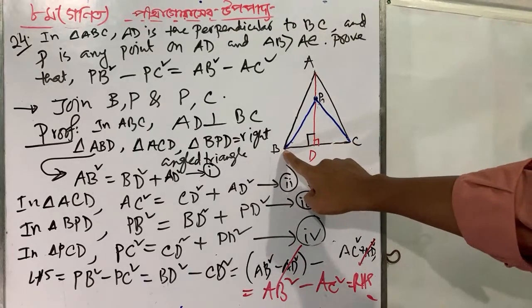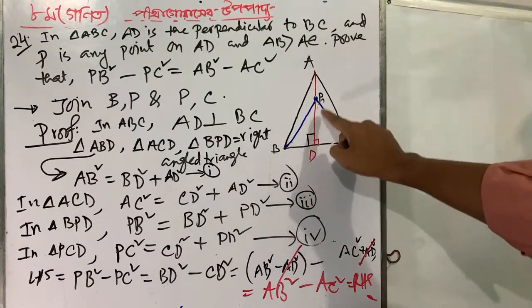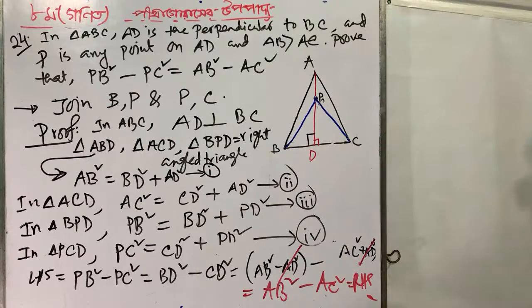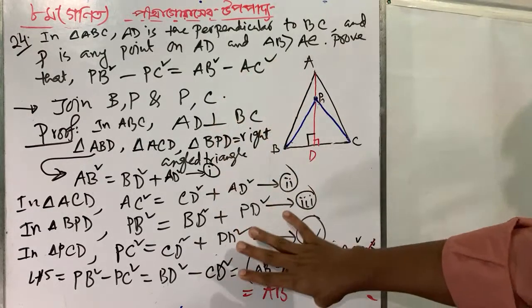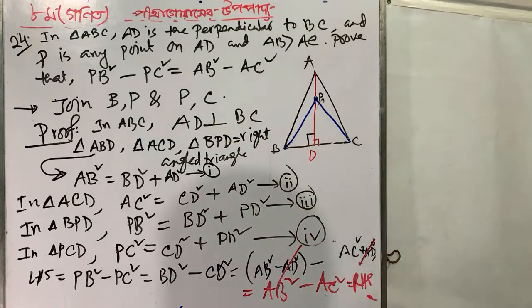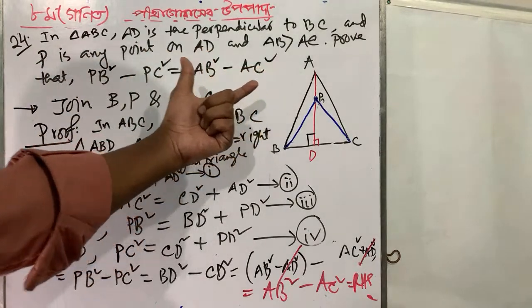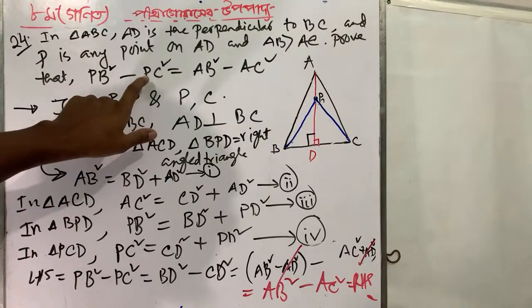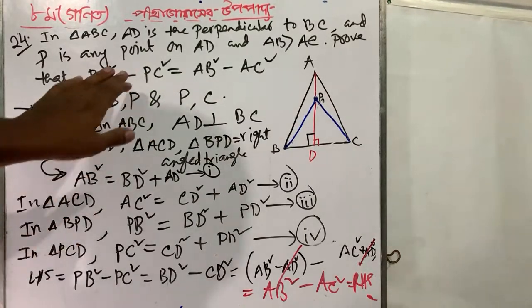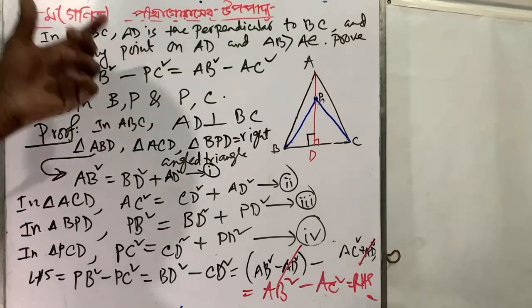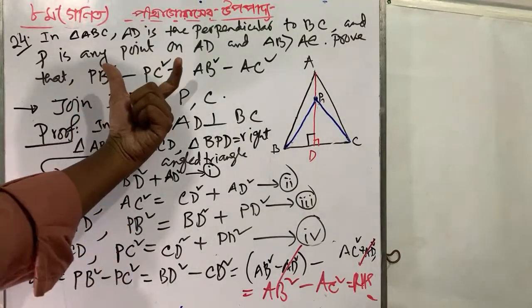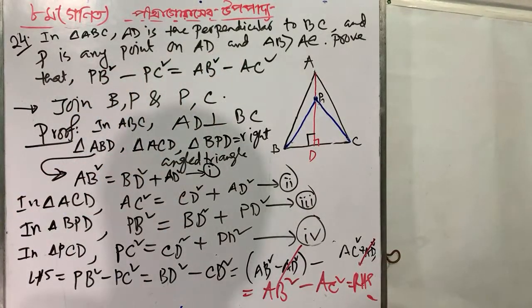And then I have B, P, D, and P, C, D. Using Pythagorean theorem, we have four equations. Then from the left hand side, you could have also started from the right hand side, and you would be ending up on the left hand side. So I took the left hand side. After some algebraic manipulation, I got the right hand side.